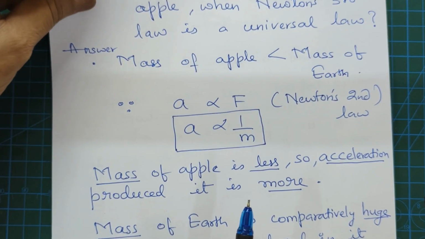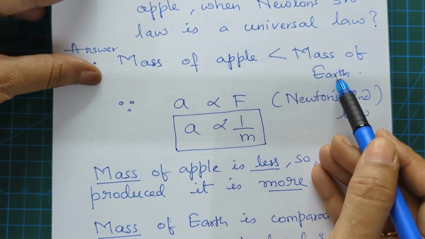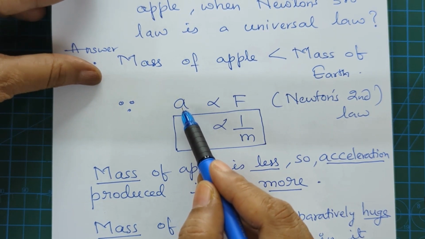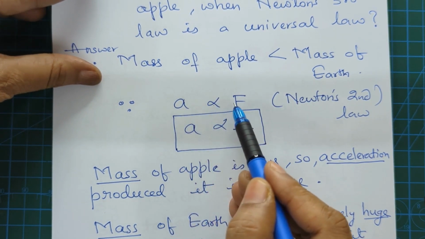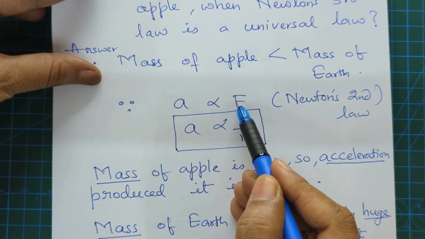Now let us see how to answer that question. Mass of apple is less than mass of earth. And by Newton's second law, acceleration produced in an object is directly proportional to force. And in this case, force of gravity is the same for apple as well as earth.